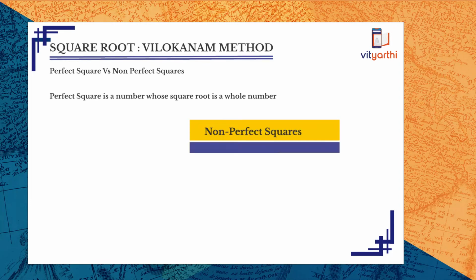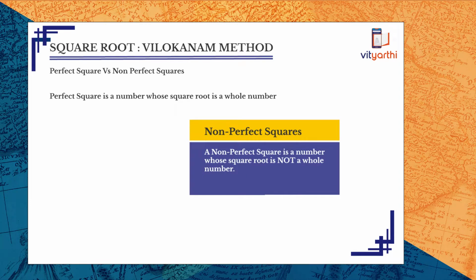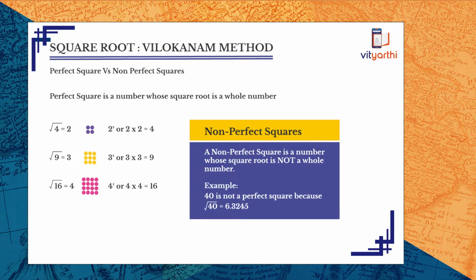A non-perfect square is a number whose square root is not a whole number. For example, root 4 is 2, root 9 is 3 and root 16 is 4. Therefore, these numbers are called perfect square. Root 40 is 6.3245.